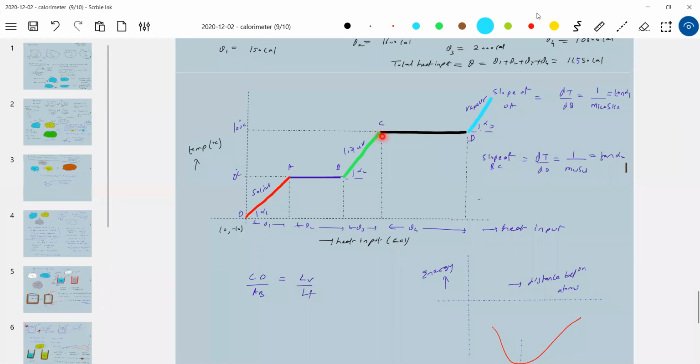Sorry, will all substances change state at 100 degrees? No, it all depends upon the material. What we are discussing is for water. Some liquids will get vaporized at 150 degrees Celsius, 200 degrees Celsius. We are discussing here for water. So what is this graph?